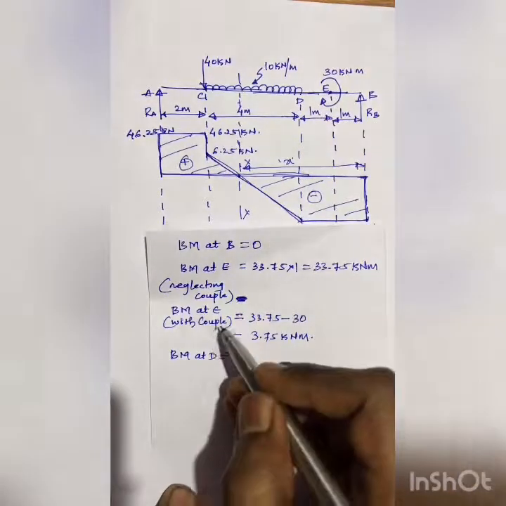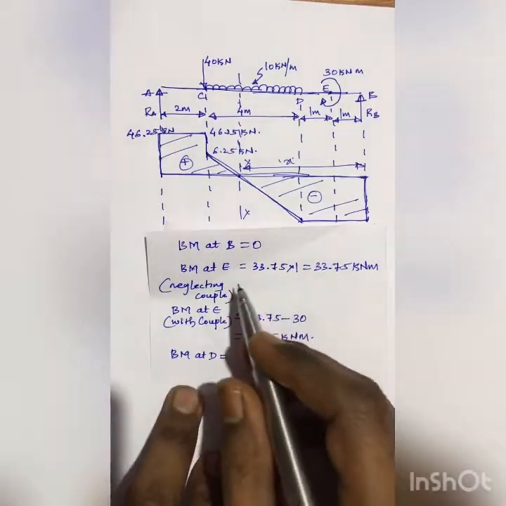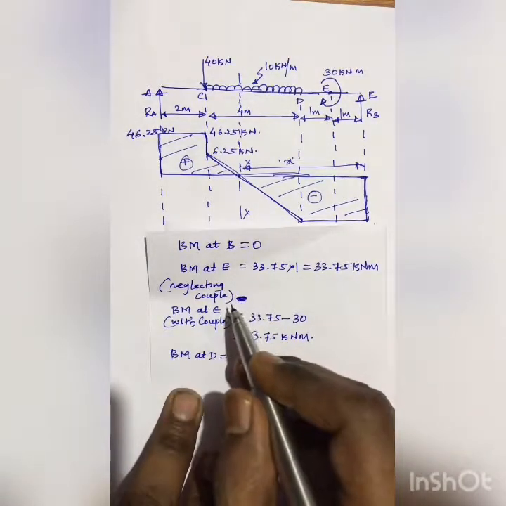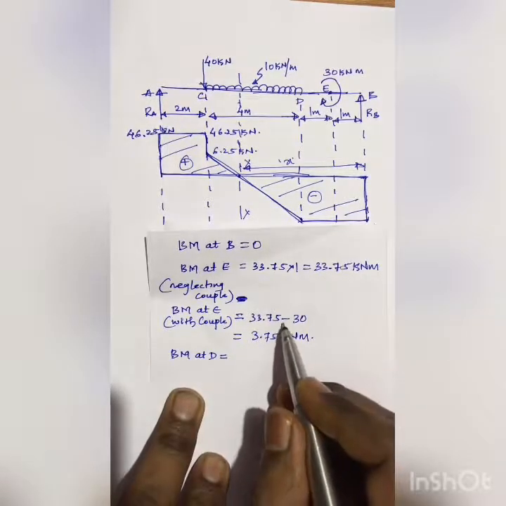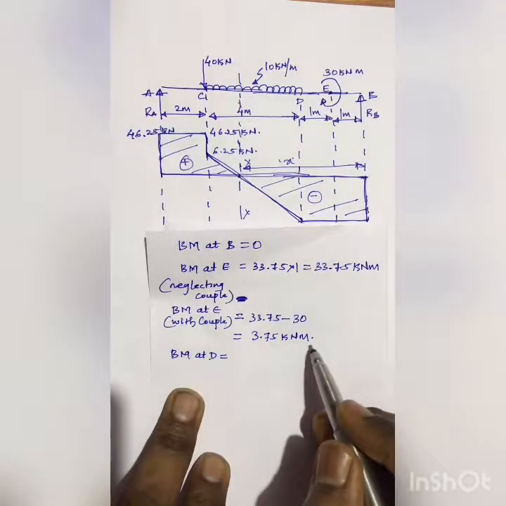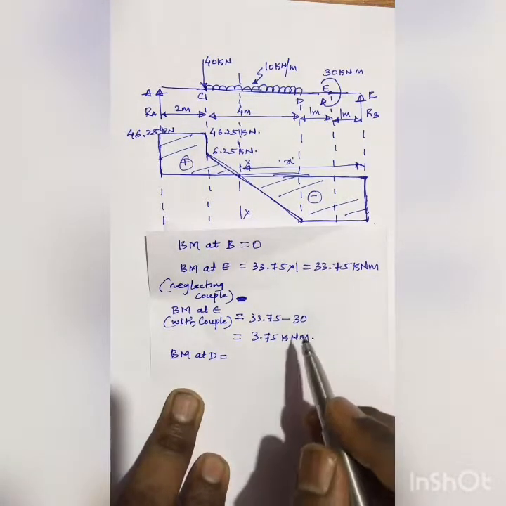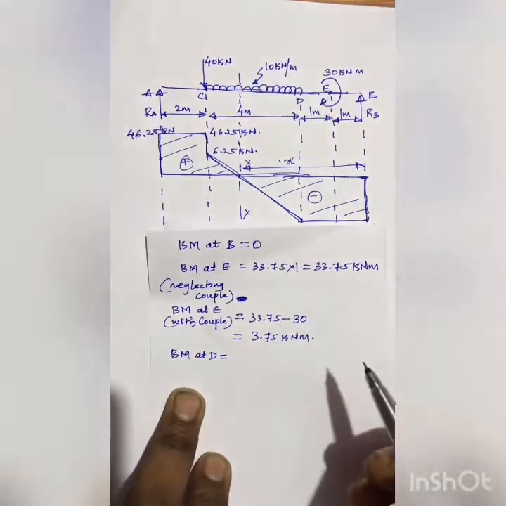So bending moment at E with couple will be equal to the previous value, neglecting couple, which was 33.75, minus this couple, 3.75 kilonewton meter, and I have subtracted it because it's negative since it's acting in clockwise direction.